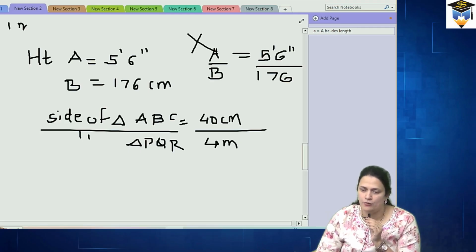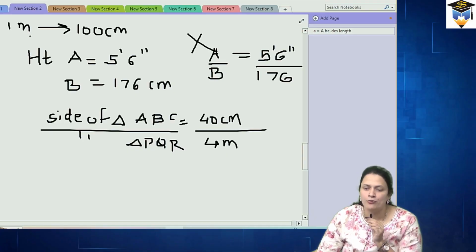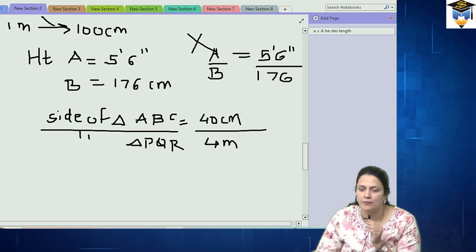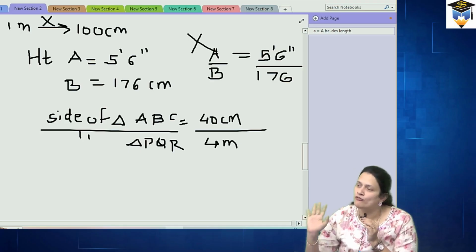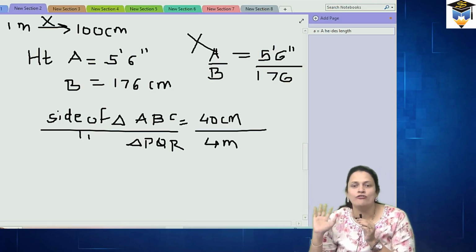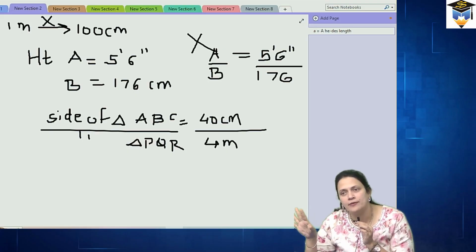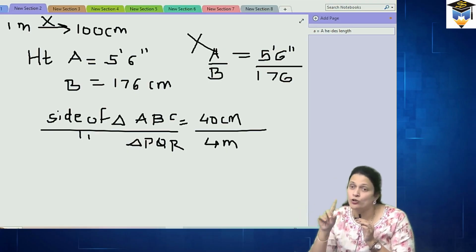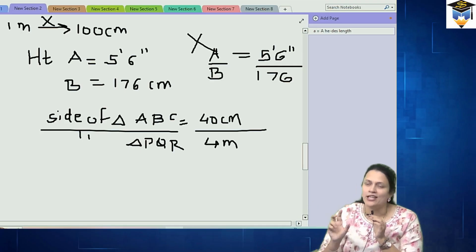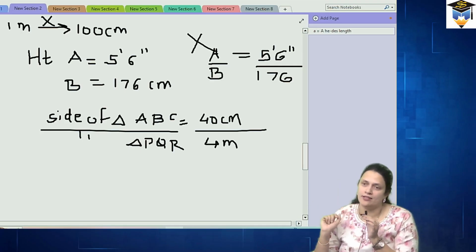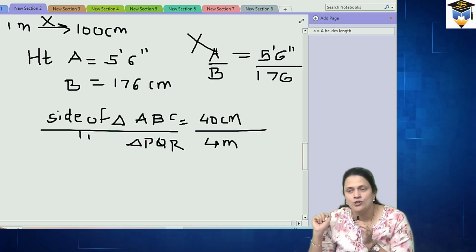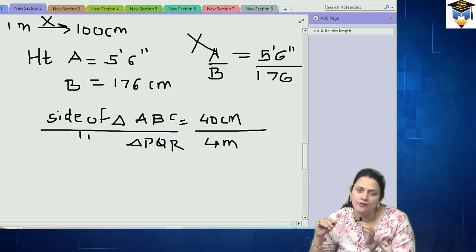Always remember this. 1 meter, we know, is 100 centimeters. If I have to convert a bigger quantity to a smaller quantity, I will multiply by 100. Suppose I give you 5 meters. So 5 meters is equal to how many centimeters? 500. So you have multiplied. But if I give you 400 centimeters as the side, how will you convert it to meters?